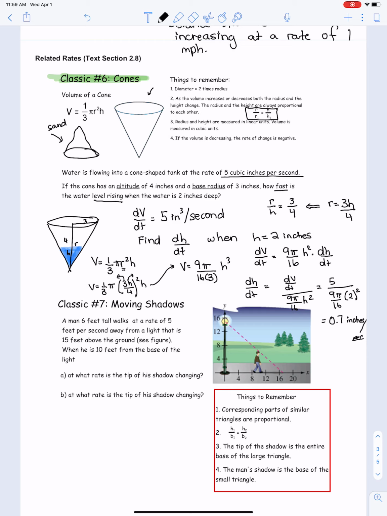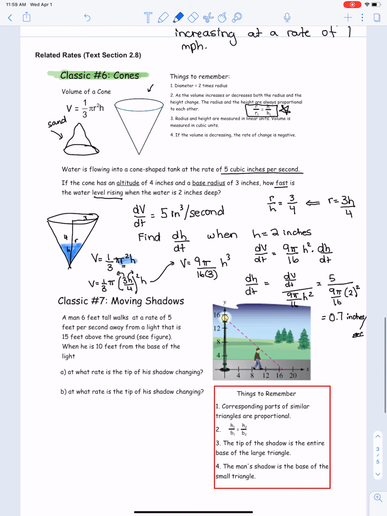So in the cone examples, you will always set up these similar triangles. If you don't set up the similar triangles and you're doing the derivative from this step, you got to watch that you're doing product rule.